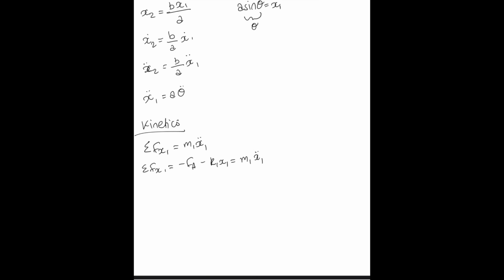If we rearrange that to fit our differential equations, we get m1 x double dot 1 plus k1 x1 plus Fa equals 0. That's our first equation. Now the sum of forces in x for mass 2 gives m2 x double dot 2, which is equal to Fb minus k2 x2.